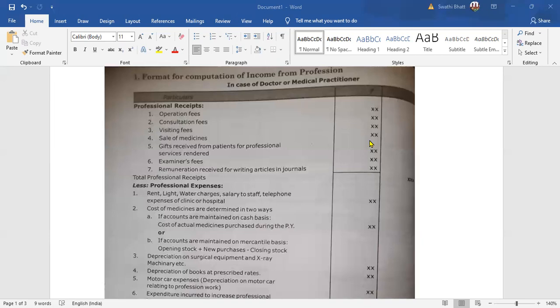Next one is depreciation on surgical equipment and X-ray machinery. Usually, you know that these doctors will have a lot of machinery which are set up in hospitals or in clinics. These are all capital expenditure. When it comes to a lawyer, it's usually the professional books which are his asset. Similarly, for a doctor, it is the surgical equipment, instruments, and all the machinery which are his asset.